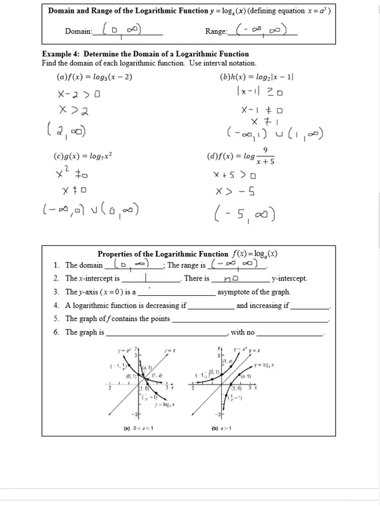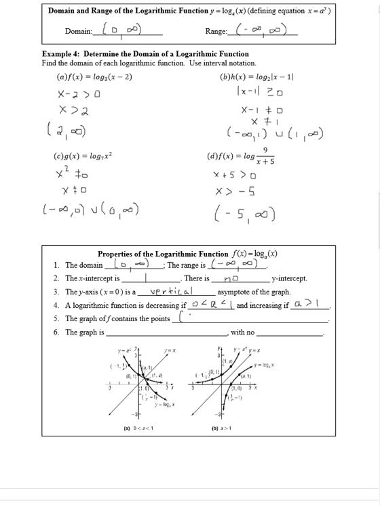The y-axis, or x equals 0, is a vertical asymptote of the graph. A logarithmic function is decreasing if the base is between 0 and 1, and increasing if the base is greater than 1. And a graph always contains these points.